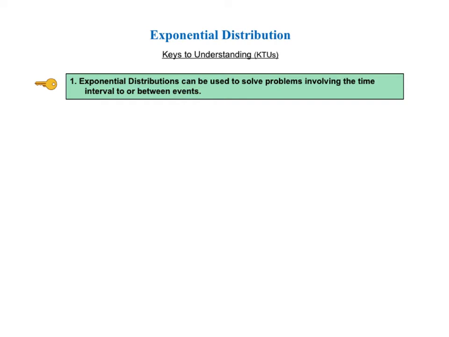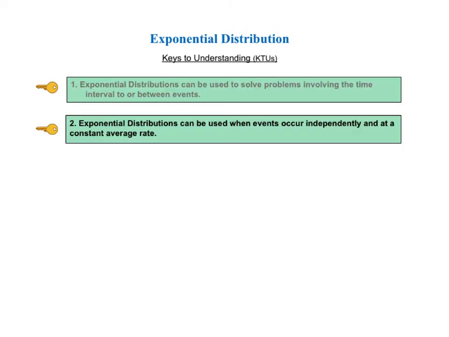The first key to understanding tells us that the exponential distributions can be used to solve problems involving the time interval to events or between events. The second key says exponential distributions can be used when events occur independently and at a constant average rate.